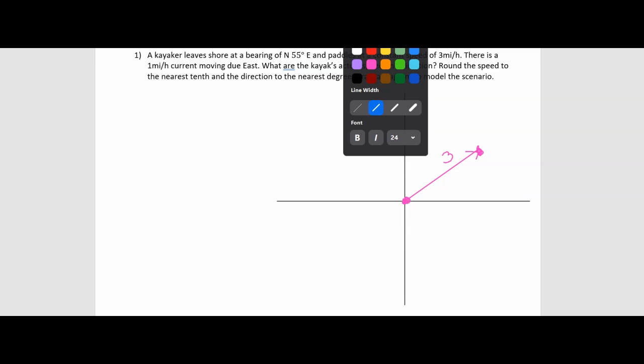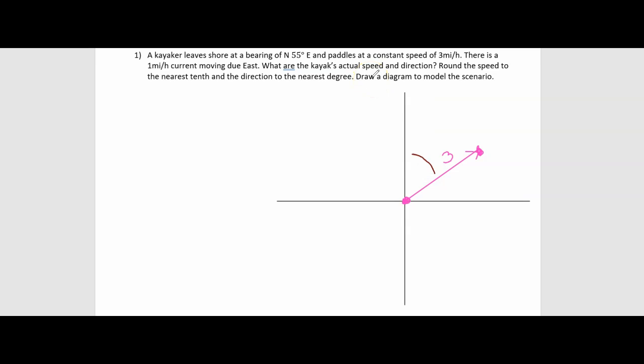And the magnitude here is 3 because it's 3 miles per hour. Let me also label the degree as well. This angle right here, because I traveled north and then I was pulled off to the east by 55 degrees. So that angle right there is 55.